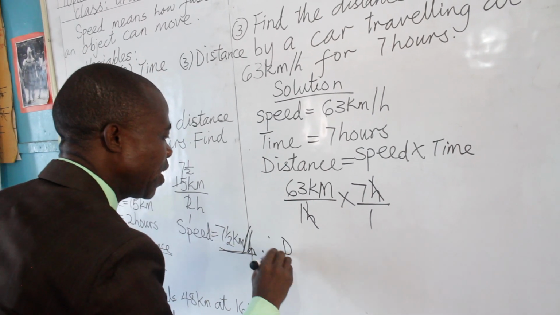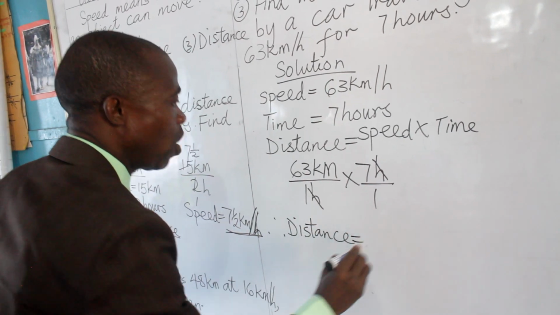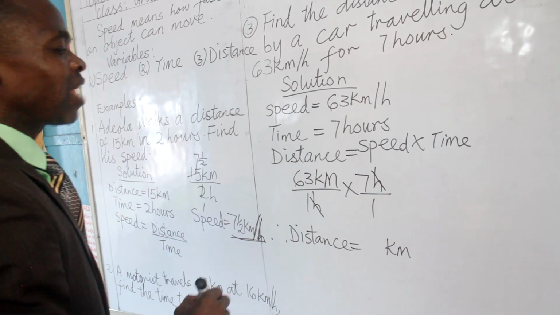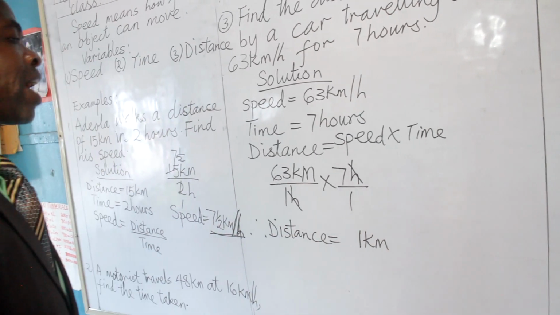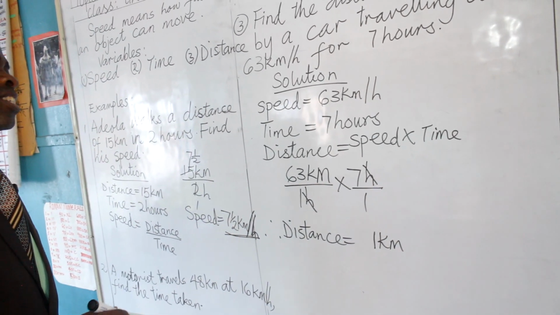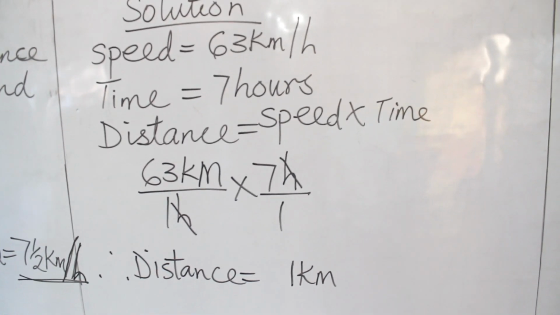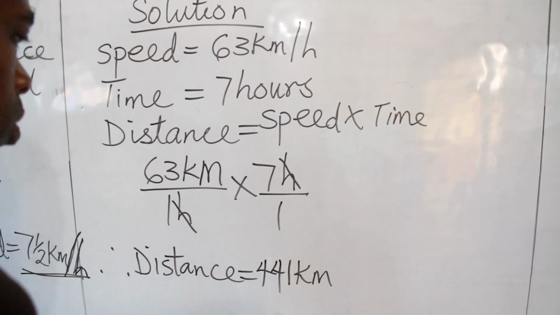Therefore, our distance will give us kilometer. 7 times 3, 21. Write 1. Carry 2. 7 times 6, 42. Plus the 2 you carried, 44.